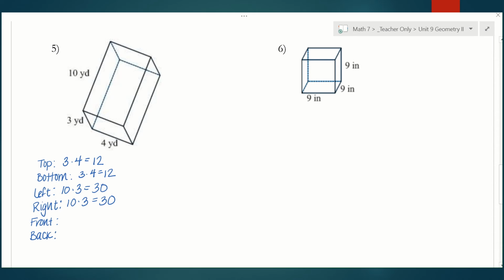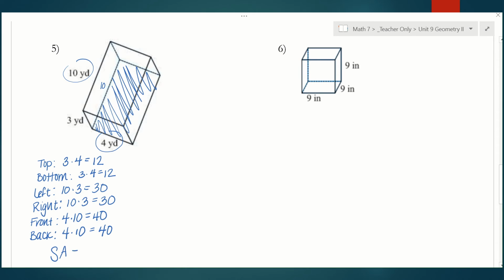So I'm going to do the front here is 4 by 10, because this is also 10, which is 40. Okay, so if you did this one correctly, you added up all the sides, you should have gotten 164 yards squared.